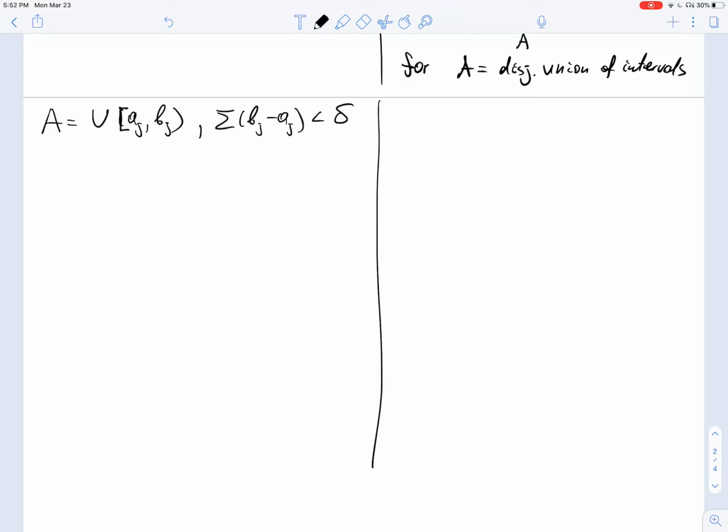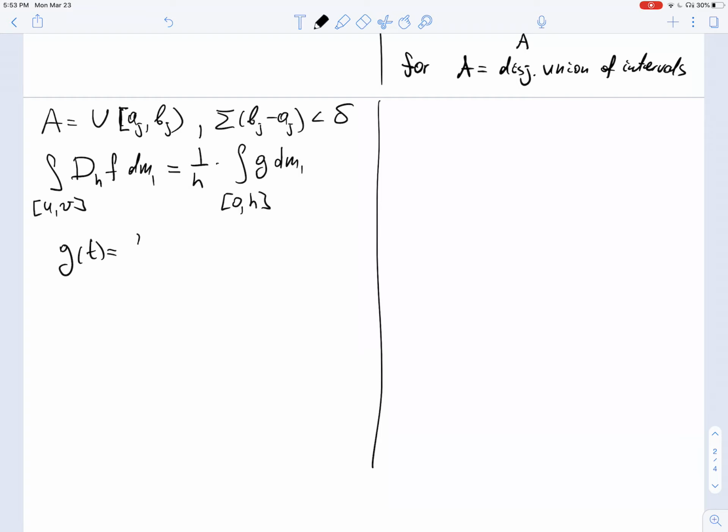Okay, so let's recall that if we integrate our derivative from u to v, it will be 1 over h times the integral from 0 to h of the function g dm1, and g of t is equal to f of v plus t minus f of u plus t.